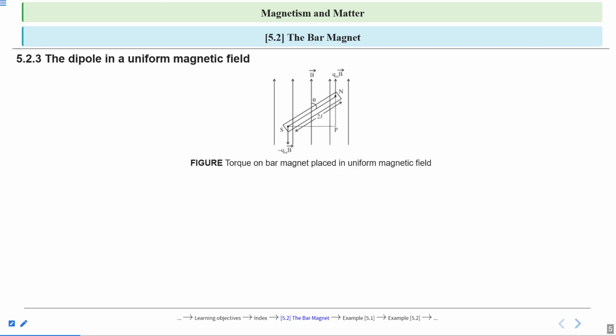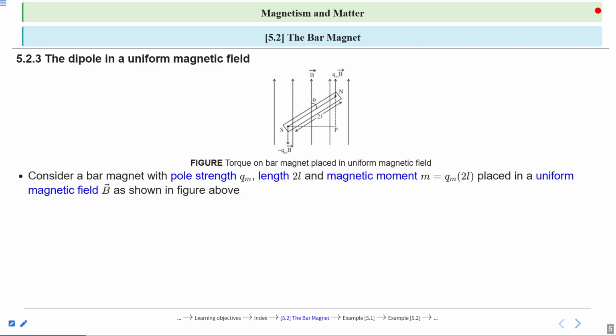Now consider a bar magnet with pole strength Qm. We took charges Q and minus Q in the electric dipole, and in the magnetic dipole we will take Qm as the pole strength. The electrostatic force was F equal to Q into electric field.